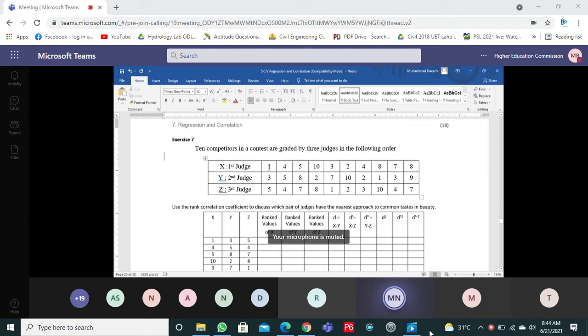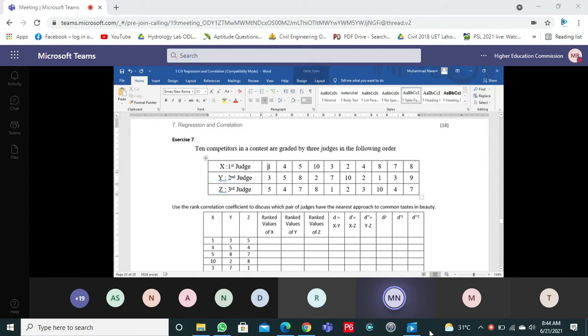First judge is grading 1, 2, 3, 4, 5, 6, 7, 8, 9, 10. First judge assigns different grades to 10 people, and the second judge assigns his own grades to these 10 people, and the third judge is assigning 10 grades with his own decision.